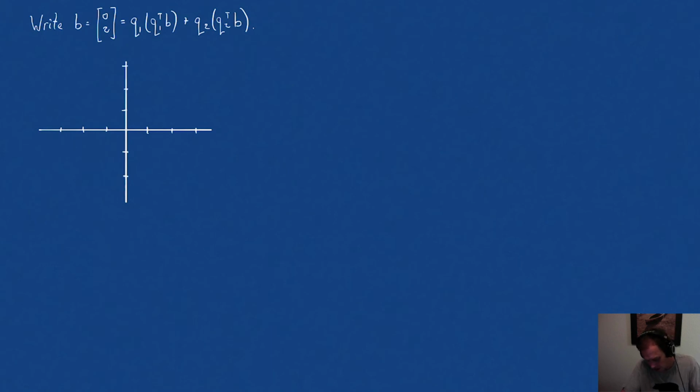So let's draw in, and maybe we'll use this pretty gold color, the vector q1 is right here. So I'm going to just make a line like that. And we have the vector q2. q2 is probably about there.